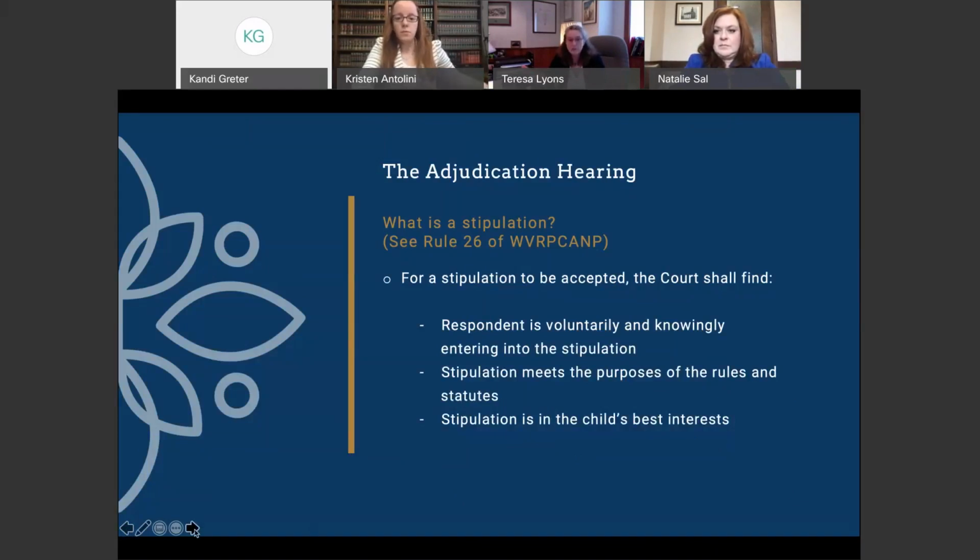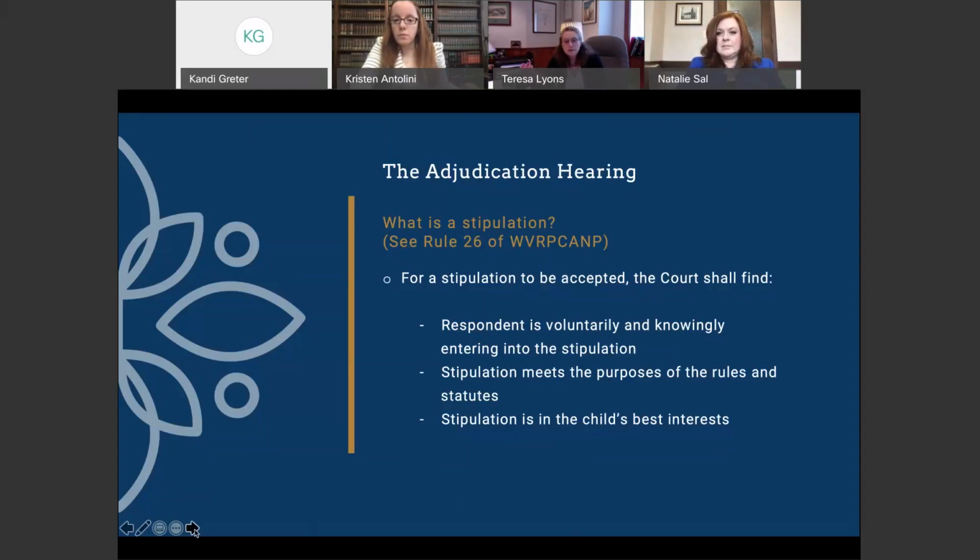That's very important. Sometimes the judge will ask an adult respondent if they're under the influence of any controlled substance. It's very similar to what the court will ask about pleading before they accept a guilty plea.